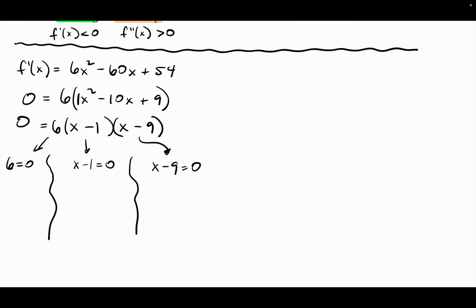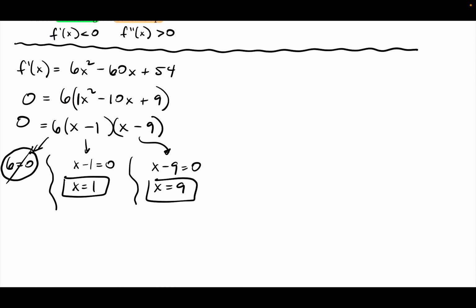I'm going to get two answers. 6 equals 0 is not a true statement. So I'm going to get x equals 1 and x equals 9. Those are critical values, critical points, whatever you want to call them. They're not inflection points because this is the first derivative.